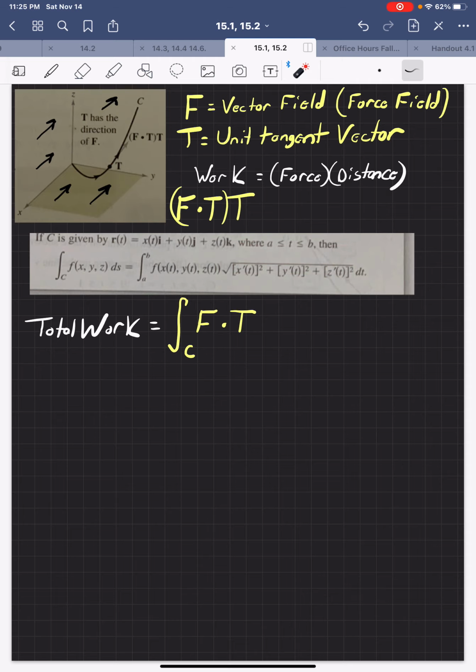So this entire portion right here is just the magnitude of r prime of t. Which is good for us, because that's going to be times, let me write times not as a dot so you don't confuse it with the dot product, so times the magnitude of r prime of t.